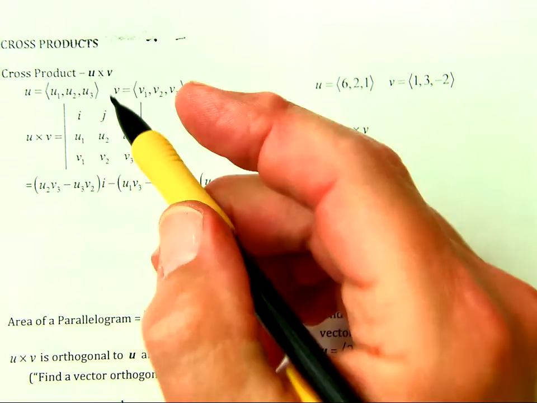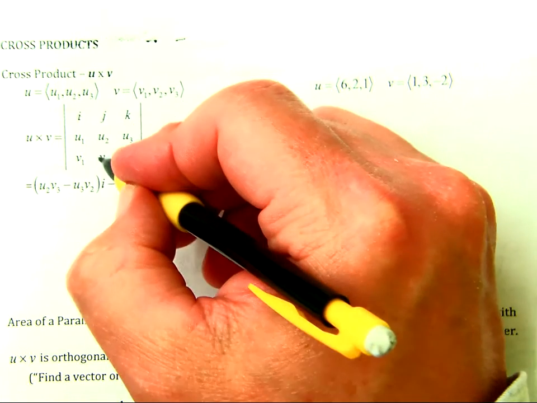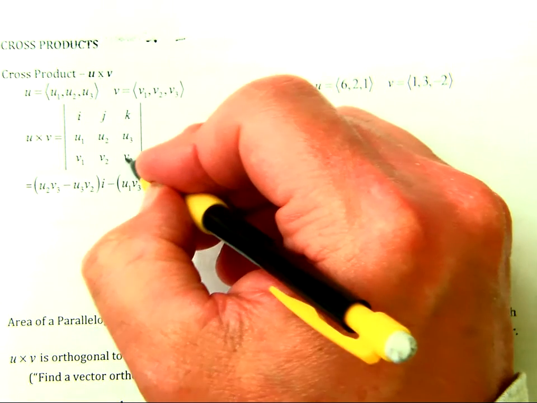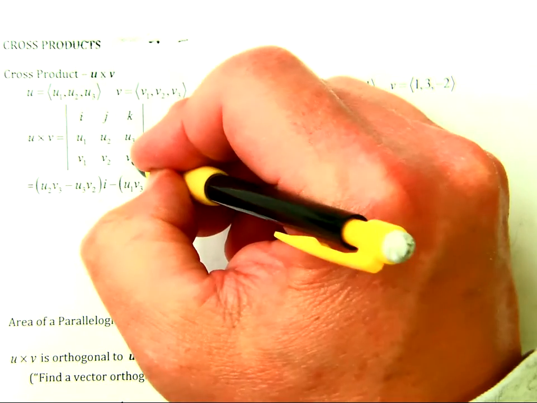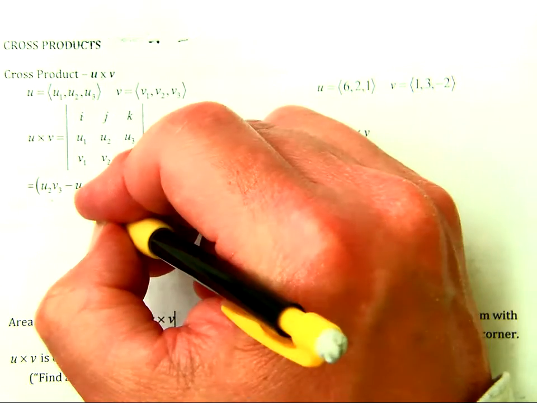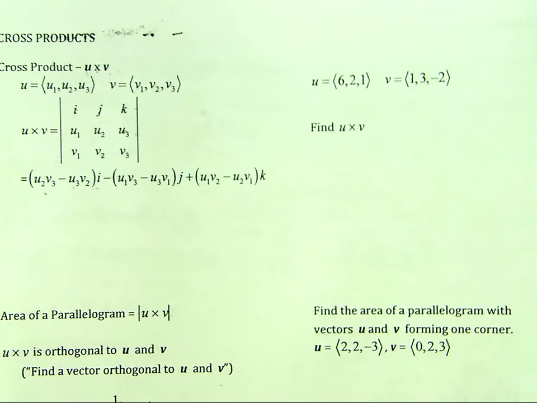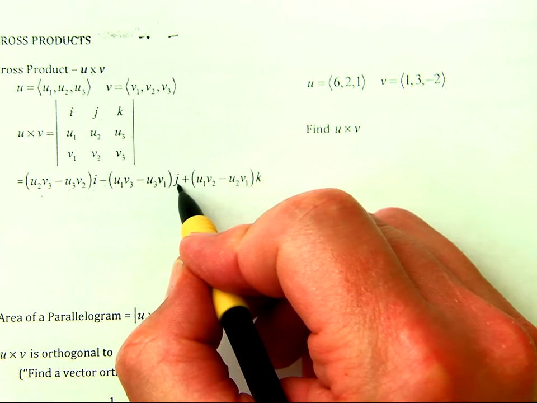Now if you remember this from matrices, we start off with the i, then we take these four right here and cross multiply and subtract. So that's what it's saying here: u2 times v3 minus u3 times v2. So that goes with i. Then it's always minus the second one. Now we move over to j.